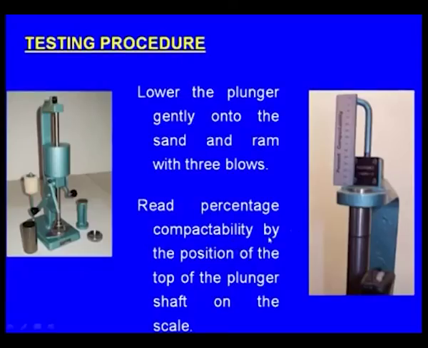Accordingly, read the percentage compactability by the position of the top of the plunger shaft on the scale. So here we can see how much reduction is there. Accordingly, from that we can see the percentage reduction also. So that is how we can find out the compactability of the molding sand.